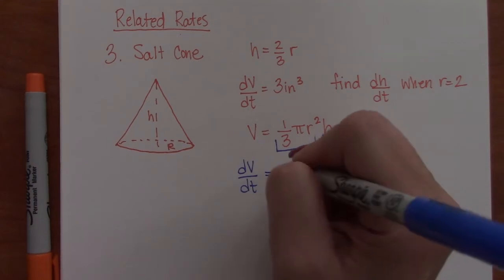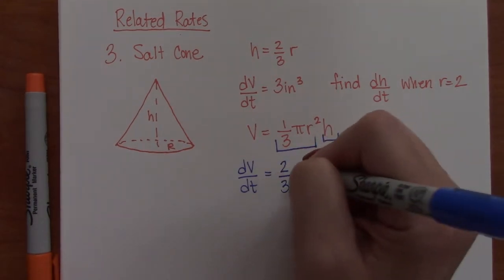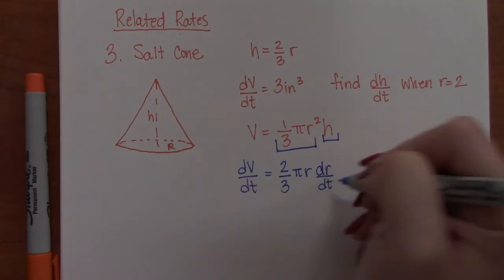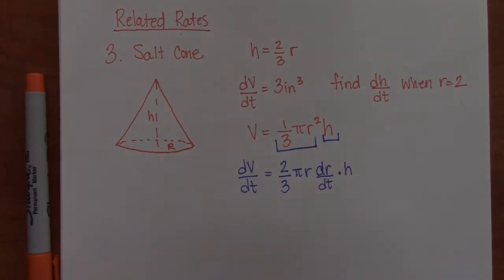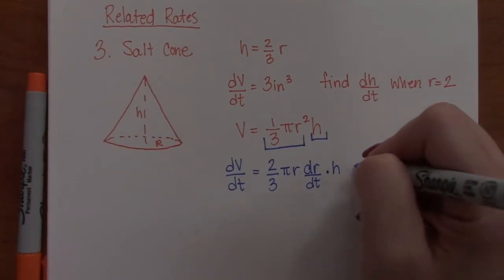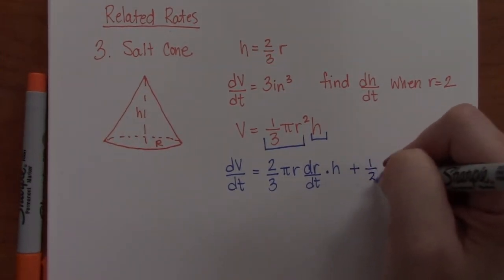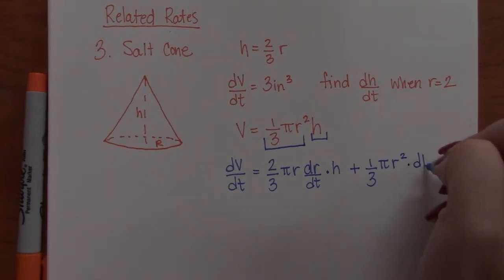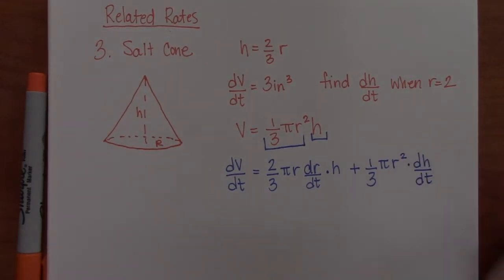So I get the derivative of the first, 2/3 pi r dr/dt, times the second, which is h, plus the first term times the derivative of the second. And so since the derivative of h is just 1, I get just dH/dt.